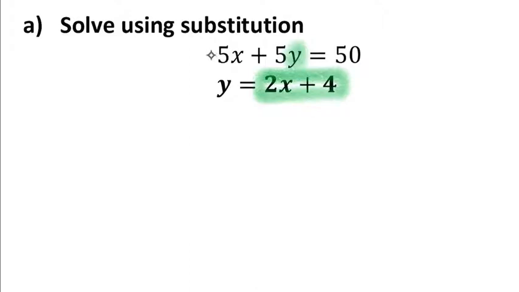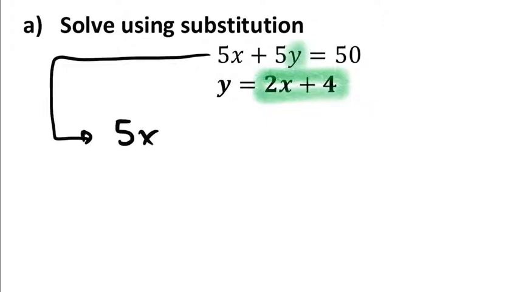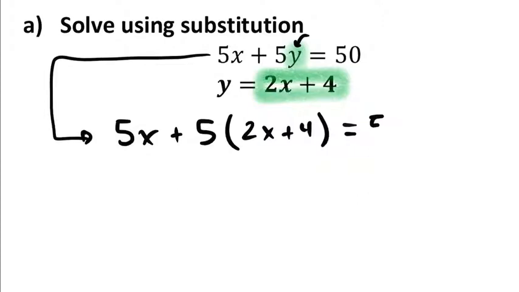So I'm literally going to rewrite this first equation as 5x plus 5, and then instead of y, we're going to write 2x plus 4, because that expression, 2x plus 4, is the same as y. It's equivalent to y, and then that equals the number 50.